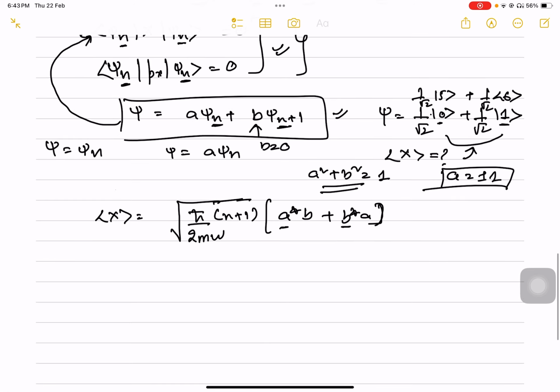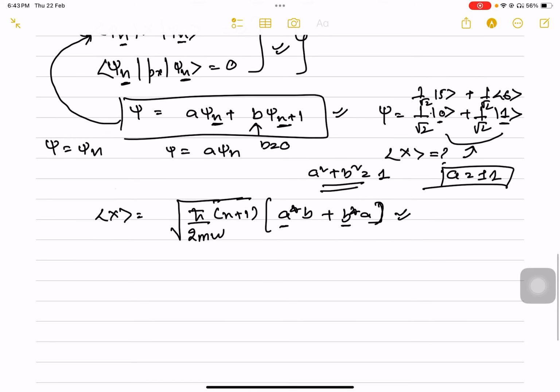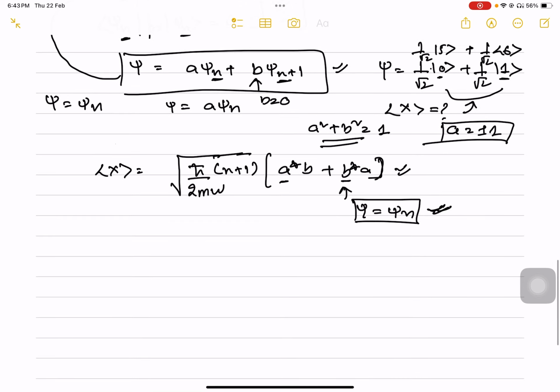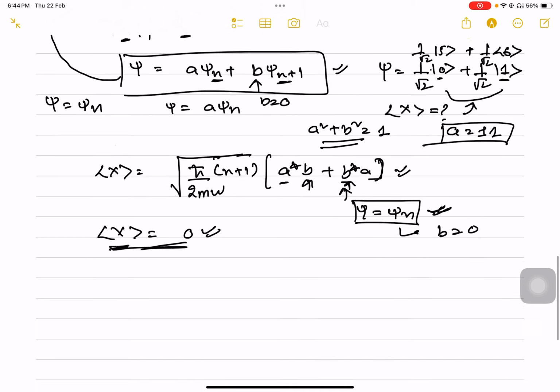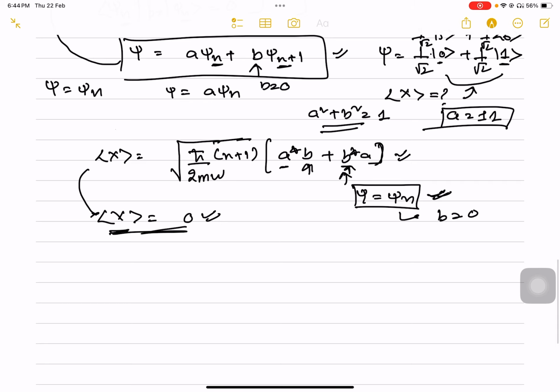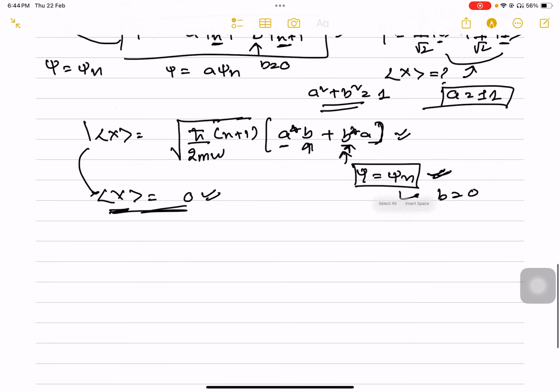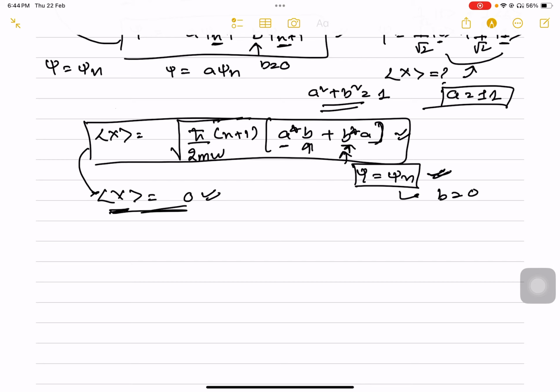So if you put b equals 0 for psi equals psi n, that is, in one state only and not in a linear combination of two states, then the average of x comes to 0. With b equals 0 and b star also 0, this whole thing becomes 0.